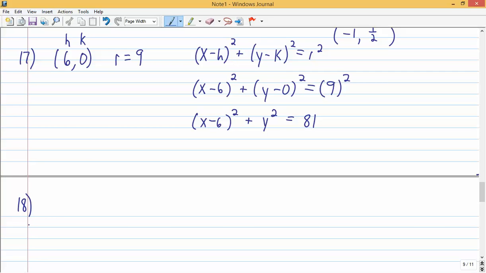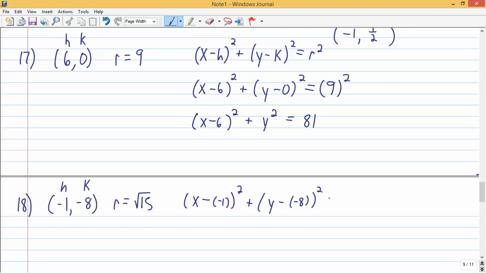Number 18 has the same directions. The center is -1, -8, and the radius is the square root of 15. So I use the same standard form of the equation of a circle. X minus h, remember your h is your first coordinate, your k is your second coordinate, so x minus -1 squared plus y minus -8 squared equals r squared, which is the square root of 15 squared.